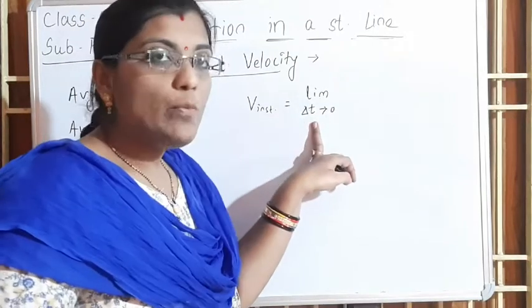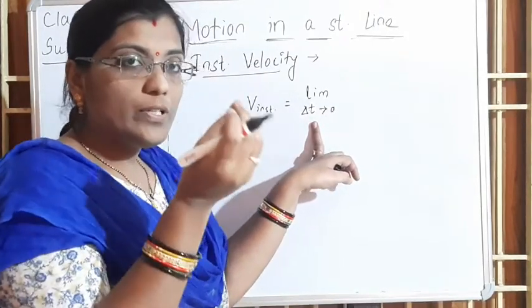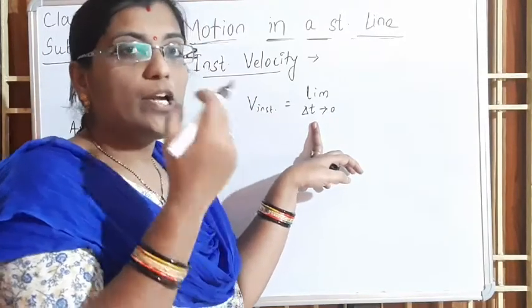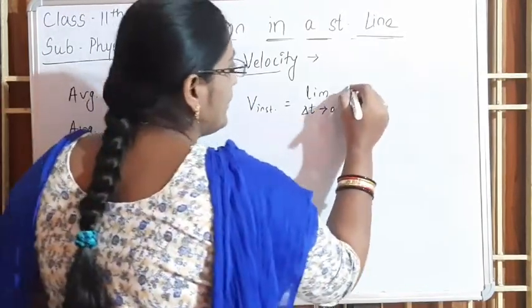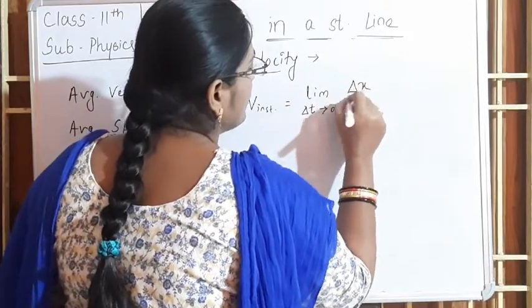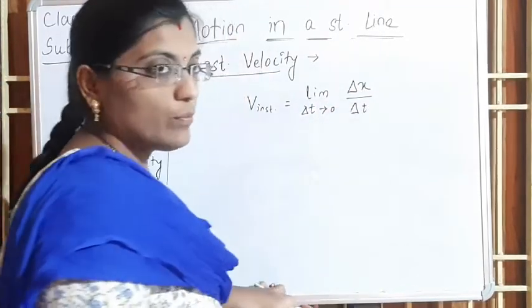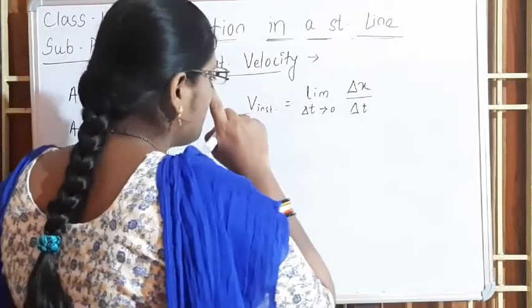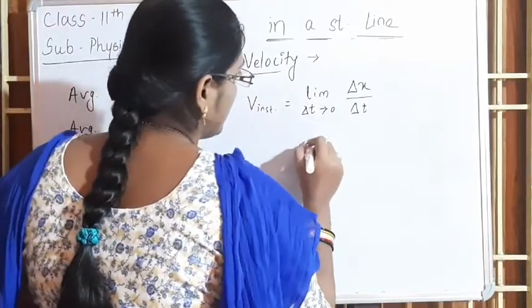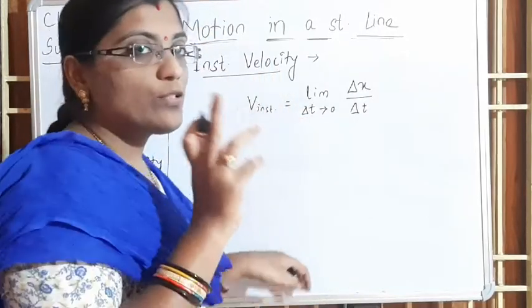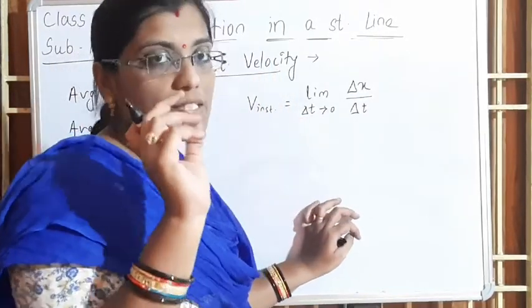of delta x by delta t. Here the time interval between the two points is very small, nearly equal to 0, delta x is the displacement, and delta t is the time interval. As the time interval is very small, the car moves a very small distance.